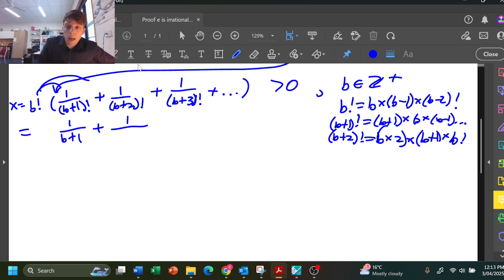That b factorial at the top cancels out with this b factorial down the bottom, leaving behind b plus 2 times b plus 1. And in the same way, this next part of the infinite sum is going to be equal to b plus 1 times b plus 2 times b plus 3. And now we can see a bit of a pattern emerging.